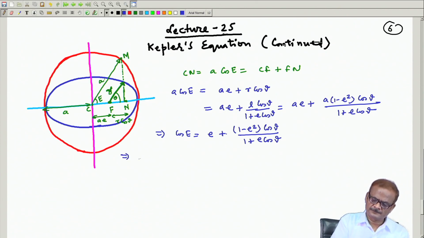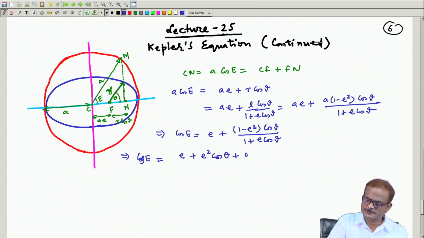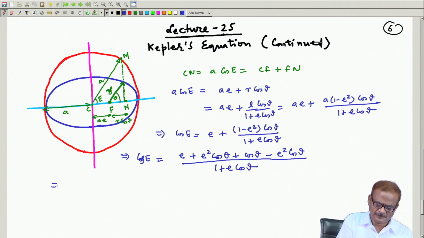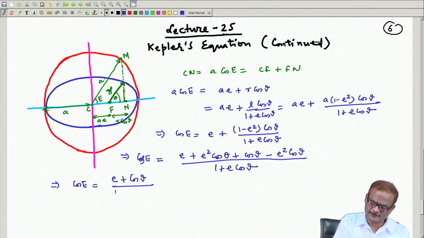Therefore cos E can be reduced to e plus e square cos theta plus cos theta minus e square cos theta divided by 1 plus e cos theta, and this implies cos E equals e plus cos theta divided by 1 plus e cos theta.